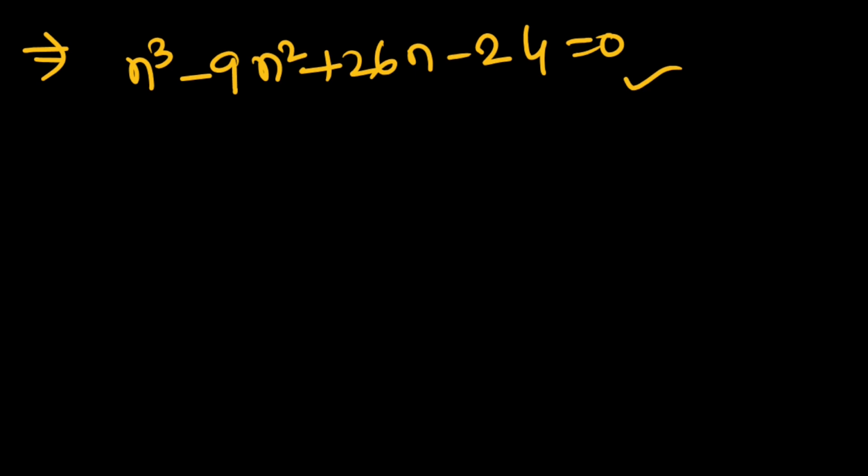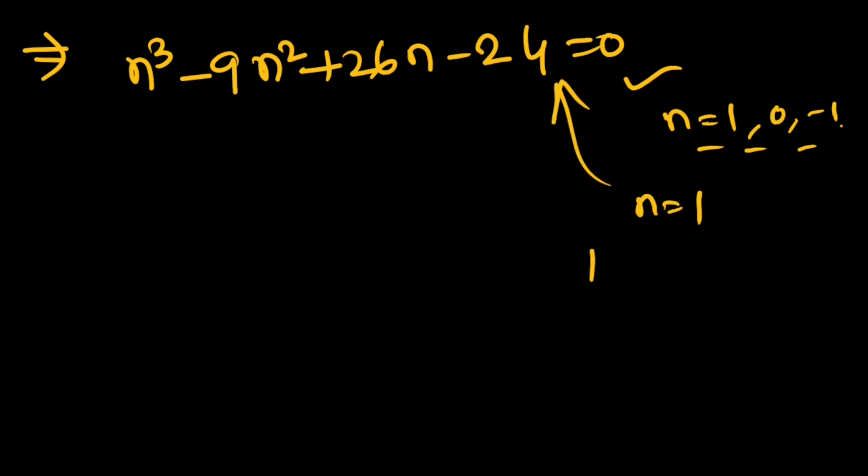Now we solve this equation by hit and trial method. So how to find the values of n in the cubic equation? We put values of n randomly, 1, 0, minus 1, etc. If we put n equal to 1, then 1 minus 9 plus 26 minus 24 is not equal to 0.